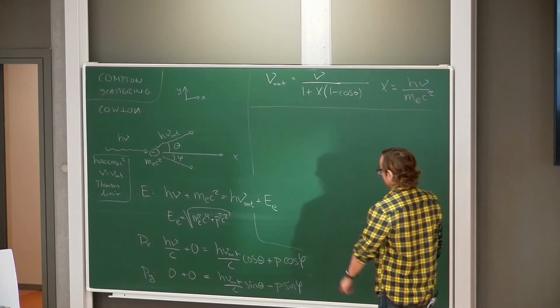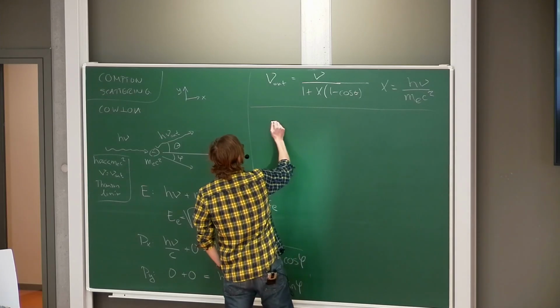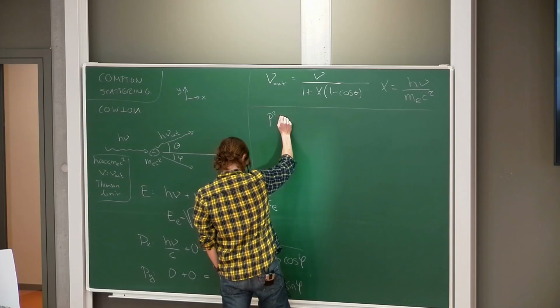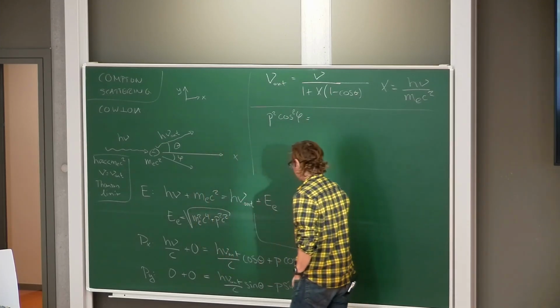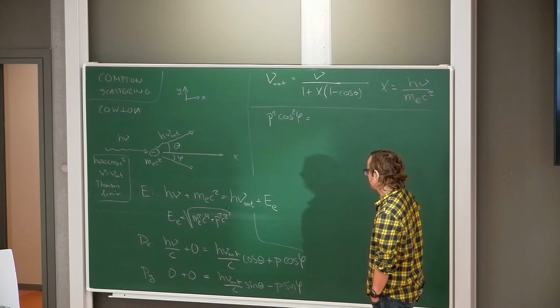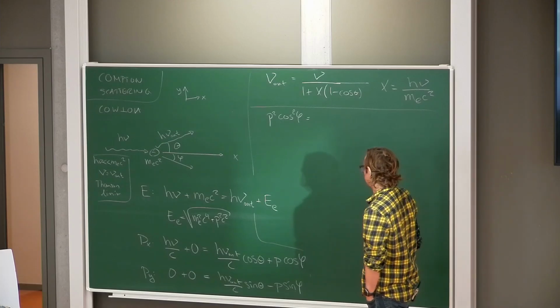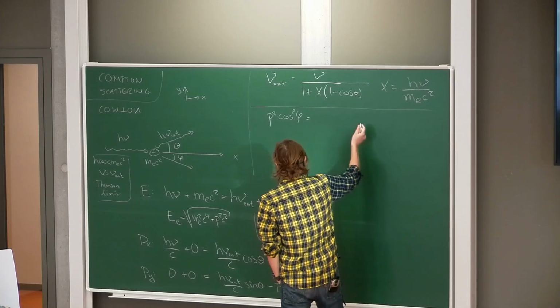Okay? So in the x equation, we have p squared cosine squared phi. And then we don't want anything more on that side, because that's what we're going to get rid of. So we're going to put the rest on the other side.